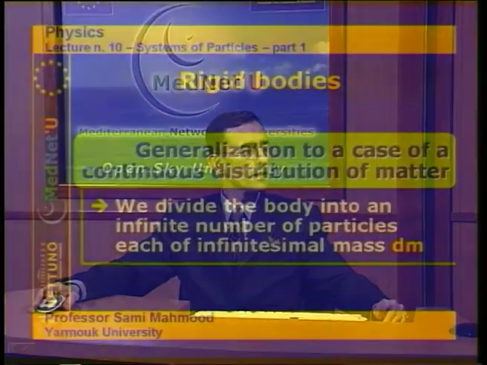So a rigid body like a stone, a rock, or like the table, for example, is a continuous distribution of matter in space. Let's generalize the previous discussion to the case of rigid bodies and try to find a way to calculate the center of mass location of a rigid body.